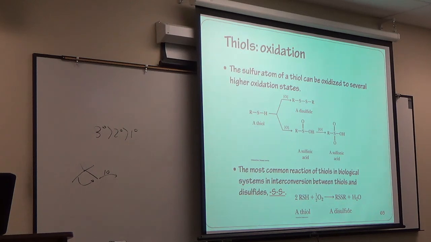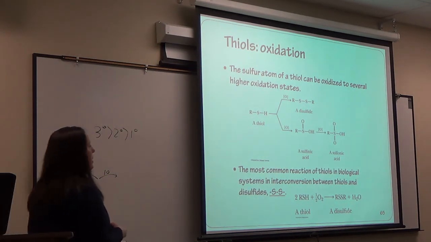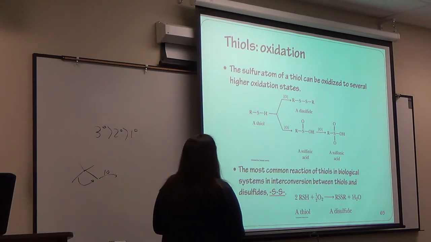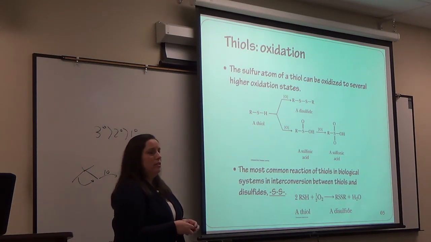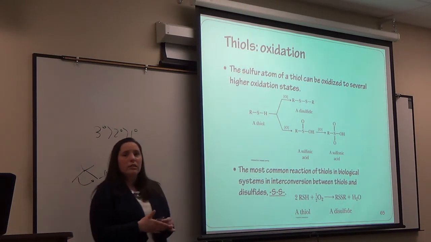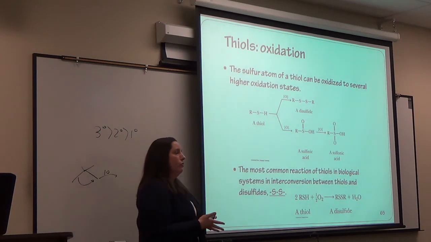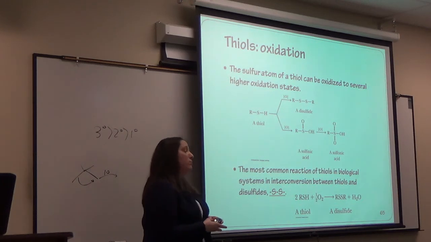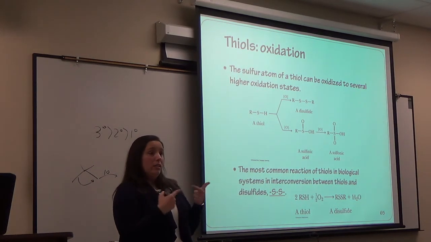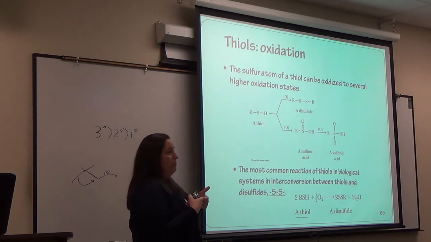So oxidation is also a reaction that happens often with sulfur in the body especially. So I don't know if you've studied amino acids already in some of your classes, but cysteine has a sulfur, a thiol group, SH. And if there's another cysteine in the protein, they can oxidize and form a disulfide bond.